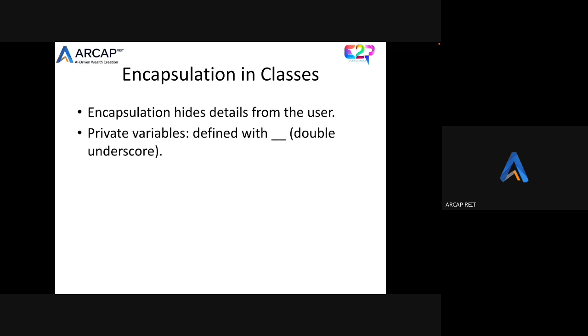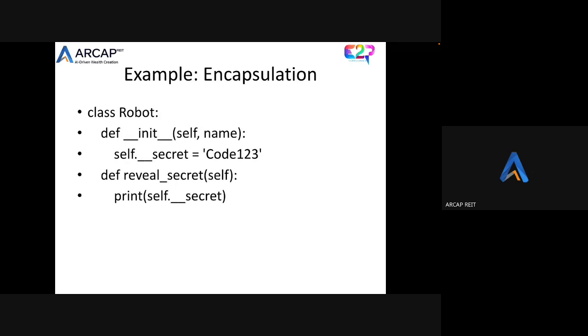Then another topic is encapsulation. Encapsulation means hiding the details from the end user, like private variables which are defined with the double underscore cannot be seen by the others, or we can hide those details by making them private.